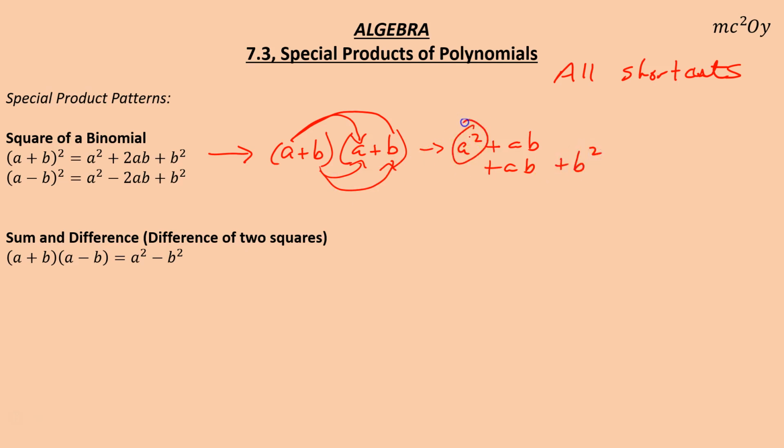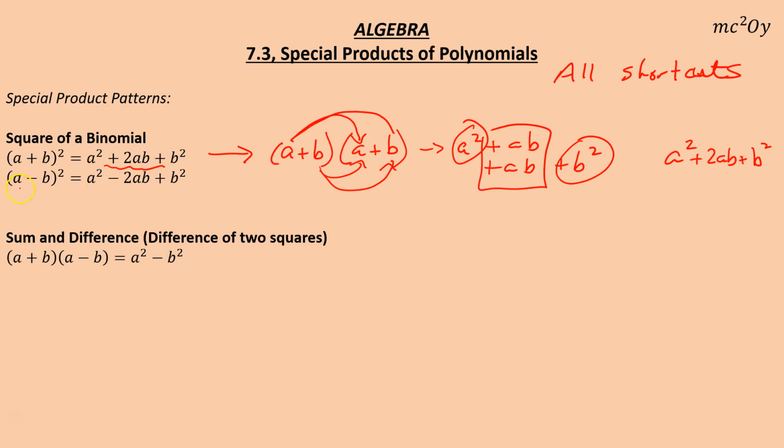So note at the beginning you have a squared, at the end you have b squared, and in the middle we have two ab's. Okay, and that's what the pattern says here, right? And so as long as we know what these numbers are, we can calculate the others by using patterns.